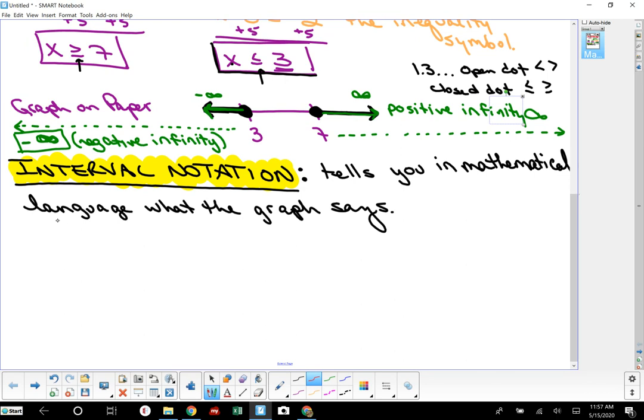Interval notation itself is a shaded area.